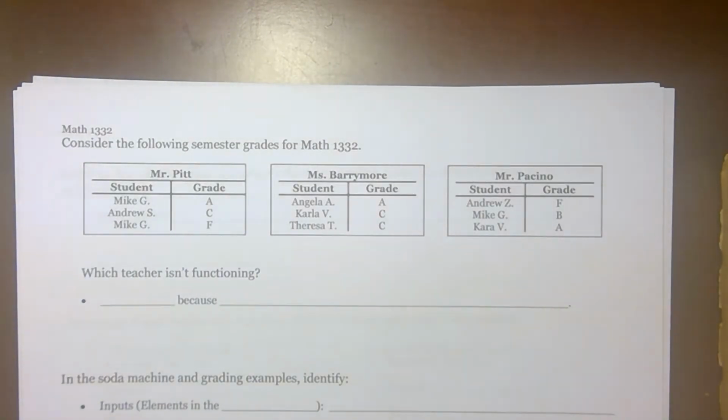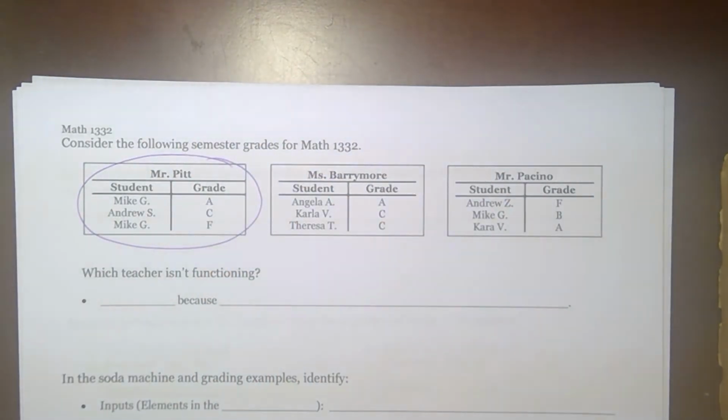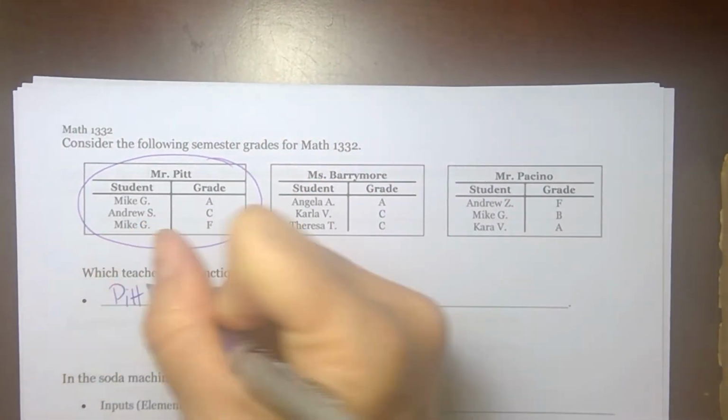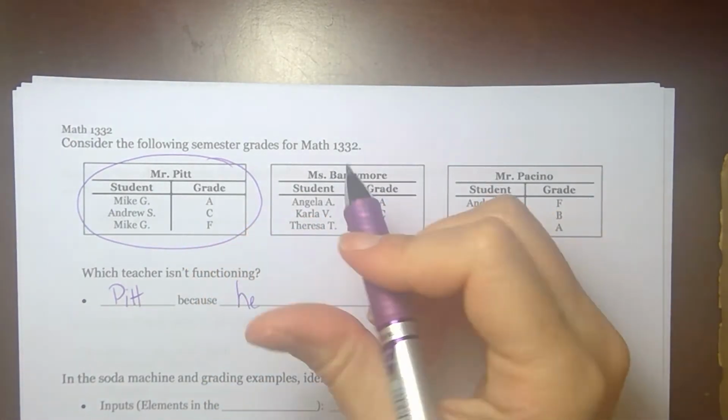Consider these semester grades. Now we've got 3 different teachers that have assigned grades for their students. Which teacher has messed up? Whose grade sheet is not functional? Well, this time it's Mr. Pitt that has a problem. What is going on with Mr. Pitt? Well, he gave Mike 2 different grades.